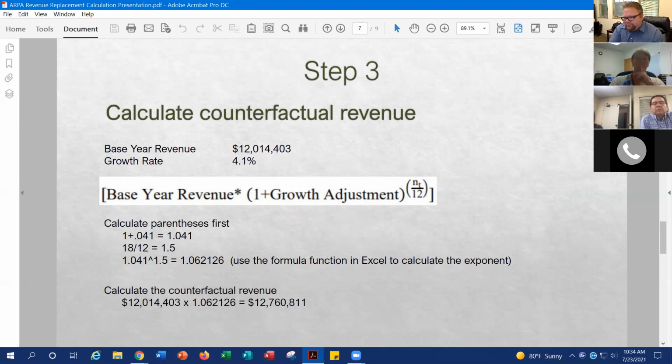So that's where that 1.062126 that she's got on the screen there is coming from. How it works is they're actually allowing even more buffer than the 4.1%, because they're not asking for your revenue over the whole 18 months. They're only having you use the revenue that was generated over the last 12, even though for your counterfactual revenue, they're calculating it on 18.